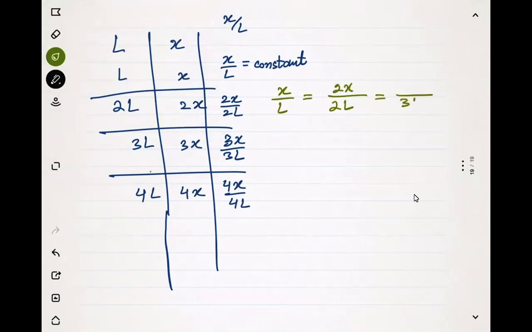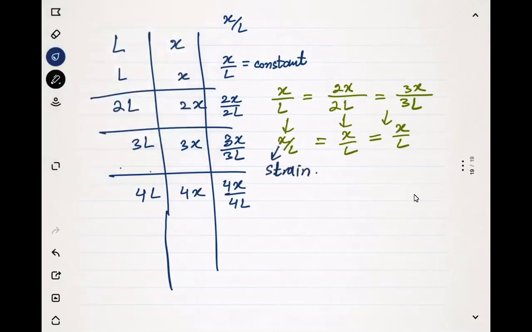If it becomes 3L, it becomes 3X. As a result, it is X over L, extension over length all the time. So this quantity is called strain, as you know.